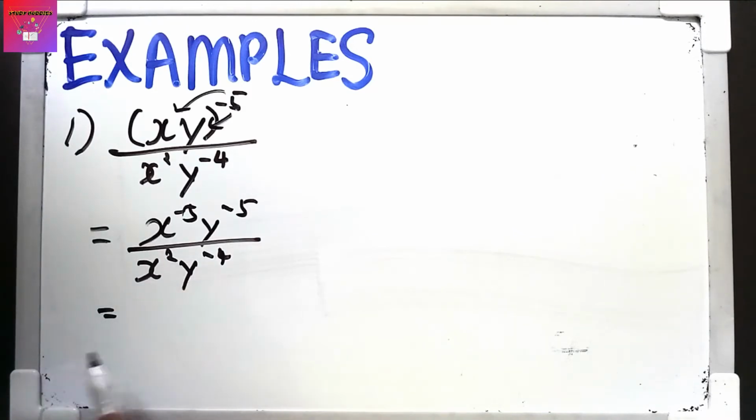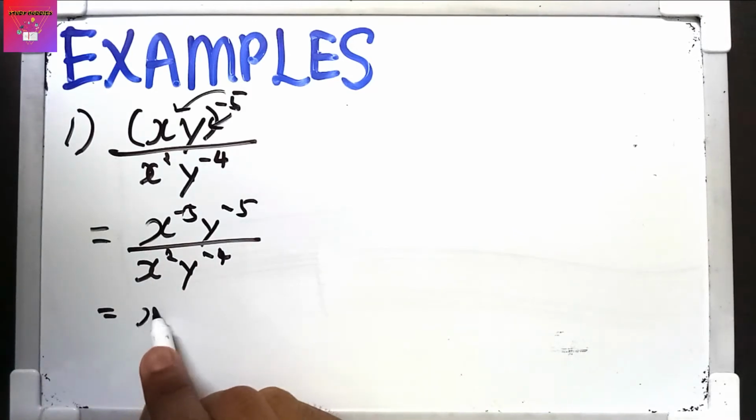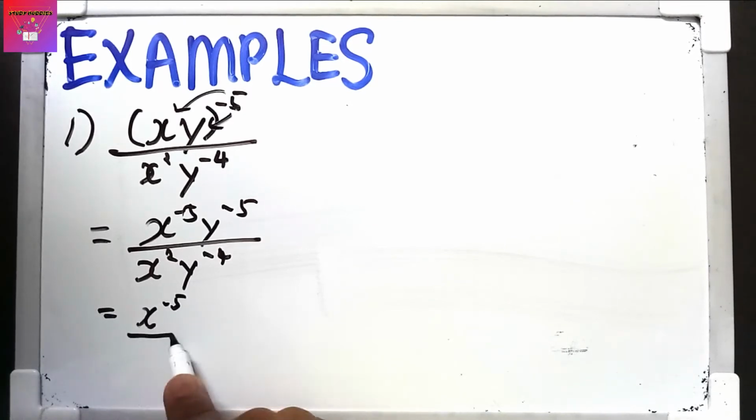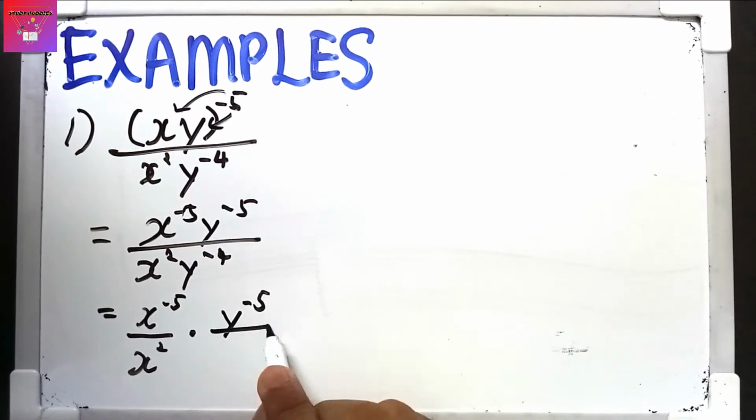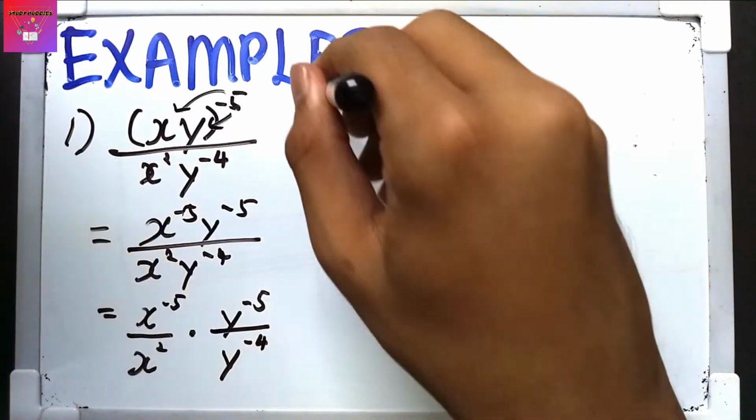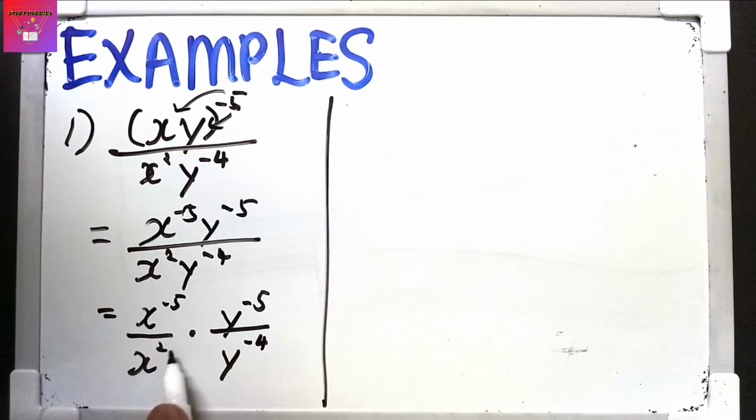So x would be separate, y would be separate: x to the power of negative 5 over x squared, multiplied with y to the power of negative 5 over y to the power of negative 4. When we split like this, it's very important to remember that it's under a multiplication. That's what this dot denotes.